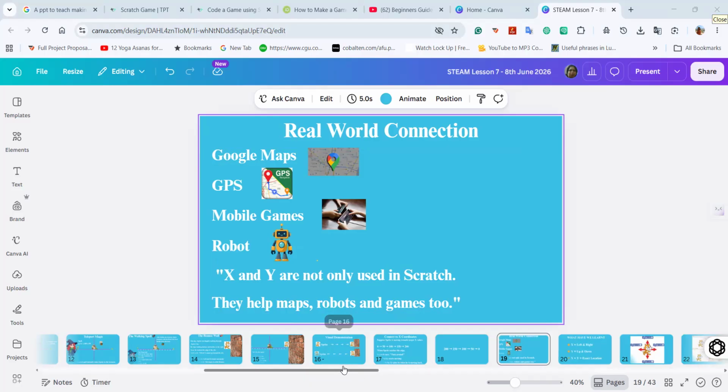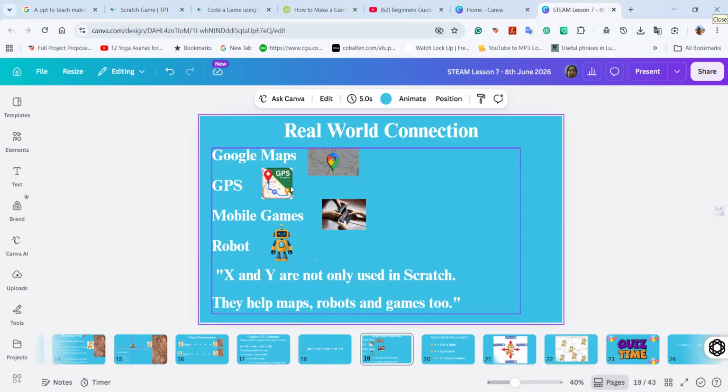Done, ma'am. Okay, so they are not only used in Scratch, but they're also used in Google Maps. X and Y are also used. You may not see X and Y on the globe. I'm sure all of you know how to use Google Maps, right? Do you all use Google Maps? Yes. So on Google Maps, you will not find X and Y written over there. But X and Y are imaginary lines, and you are finding out the way to go.